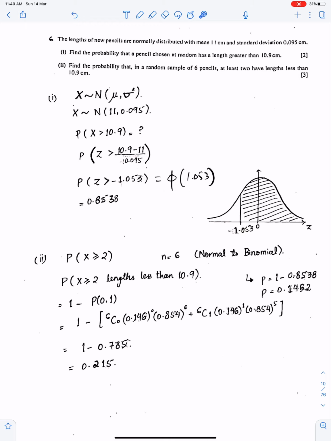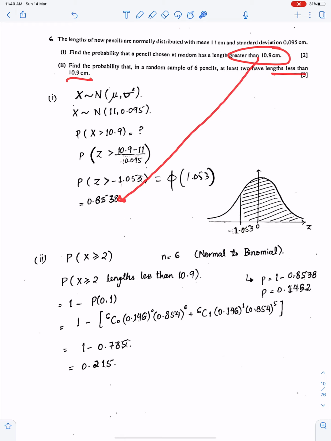Now this question is normal to binomial because n is very small, 6, and 2 have length less than 10.9. With the help of this information, we can get p of binomial. So we have greater than 10.9, this probability is this.